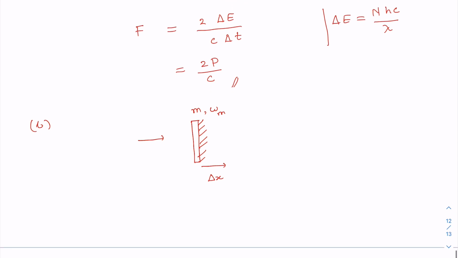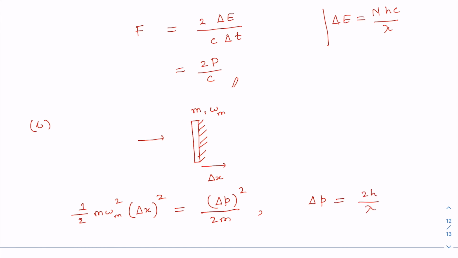The kinetic energy gained by the mirror due to the momentum imparted by the photon gets converted to potential energy of the mirror. So as per the conservation of energy principle, we will have half m omega m square delta x square, that is the potential energy of the mirror, and the kinetic energy would be delta p square by 2m, where delta p, we know that this is equal to 2h by lambda.